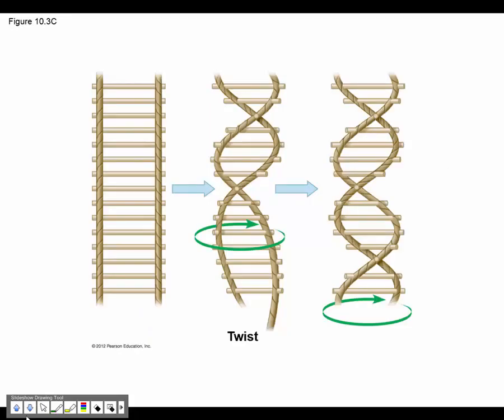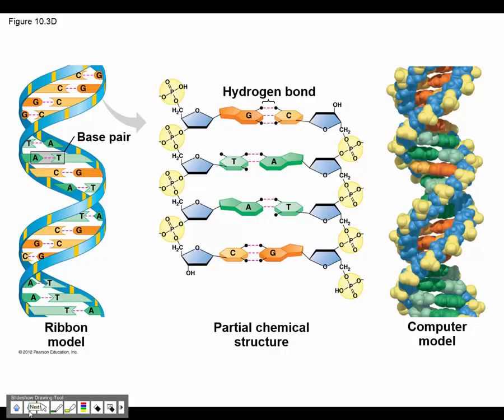If you take a ladder and you twist it, right, that's how you get your double helix cruising around. And it also saves space, because in every cell in our body there's 3 feet of DNA, and our cells are really, really small. So there's lots of different ways that the body takes the DNA and twists it and wraps it to make a lot of space.